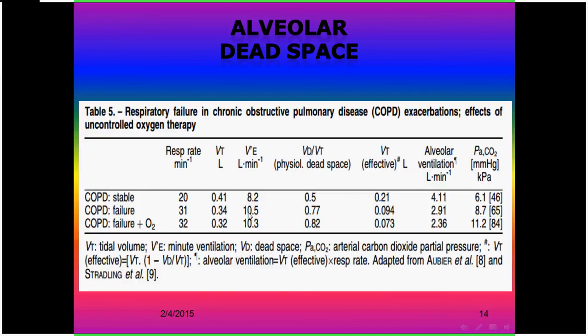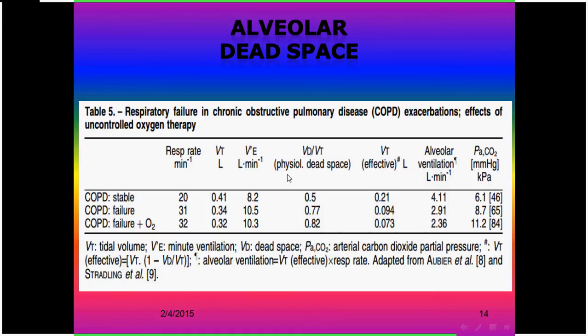So the patient is hyperventilating, total hyperventilation. But we are going to see that he is not specifically alveolar hyperventilating. When we look at the dead space, normally 0.3, in the stable patient it was 0.5. But after he developed acute failure, look at the dead space, it became 0.77, instead of 0.5.